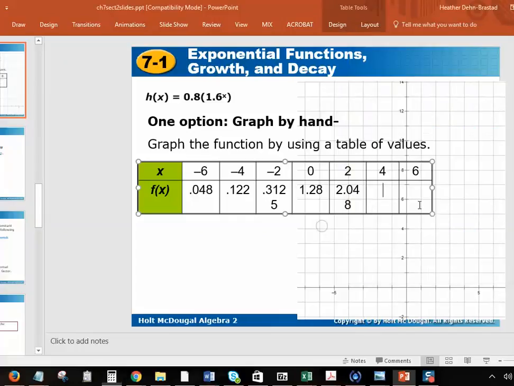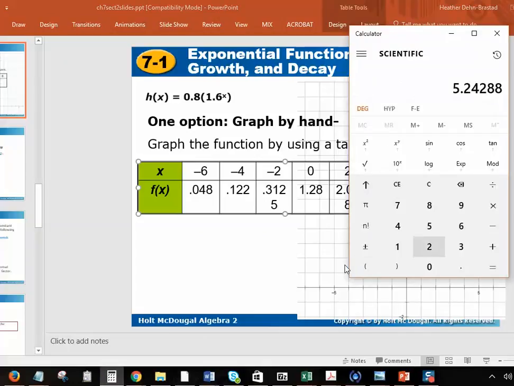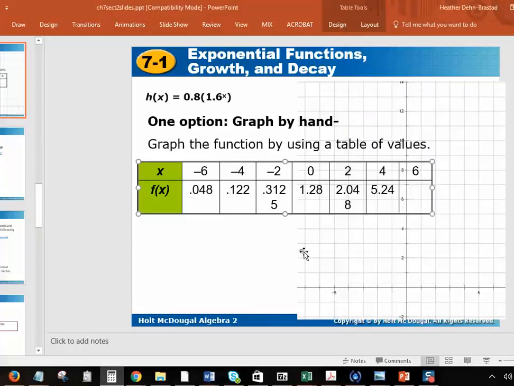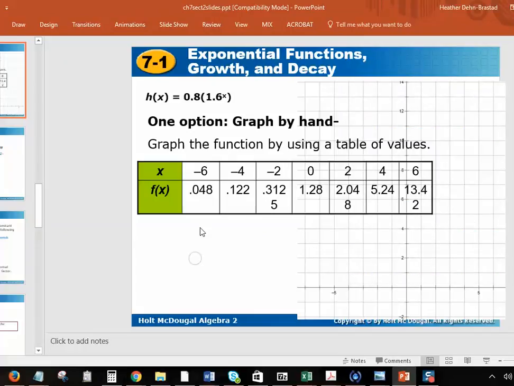Multiplying by a number less than 1, the 0.8, also is keeping it from growing too quickly. And then I'll do one more and see what we get. So 1.6 to the 6th power times 0.8, 13.42.